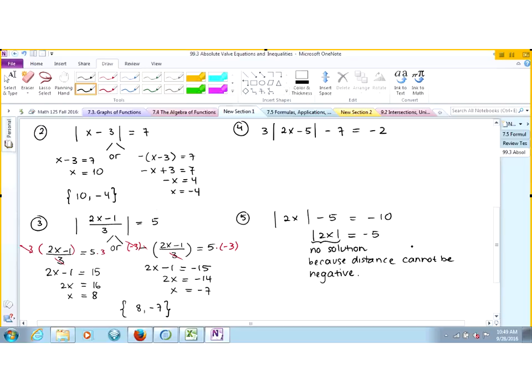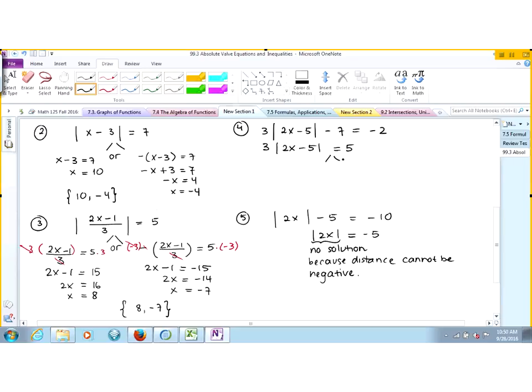Now, number 4. Can we do number 4? You add 7 to both sides. What do you have? 3 times absolute value of 2x minus 5 is equal to 5. Does it have a solution? Yeah, it does, because this is positive, right?